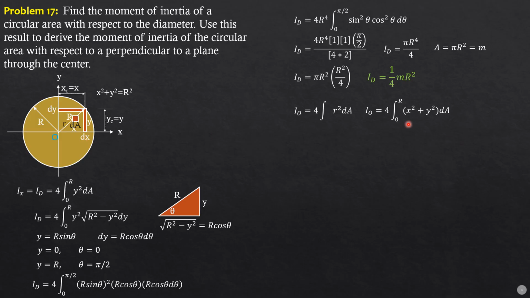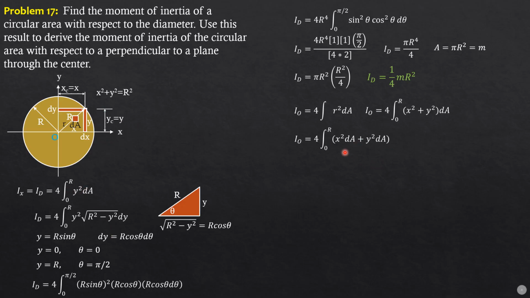So that's why x squared plus y squared quantity dA. But if we distribute, integral from 0 to r of x squared dA plus y squared dA, we note that integral of x squared dA, the integral of constant distance square, which is x squared dA, is I y. And integral of y squared dA, which we just set up here, is I x.